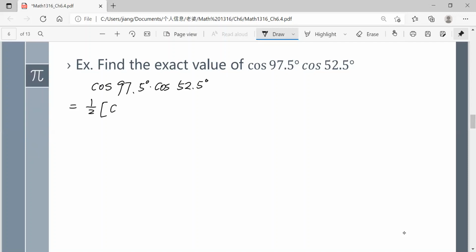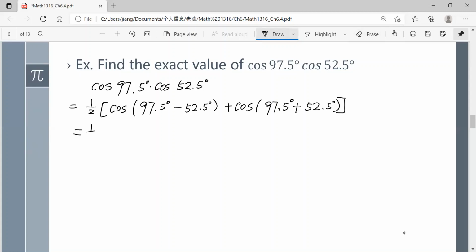So in the parentheses, we need to have cosine 97.5 degrees, oh sorry, this is minus 52.5 degrees, and then plus cosine 97.5 degrees plus 52.5 degrees, and close the parentheses.